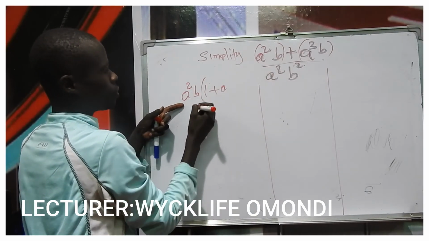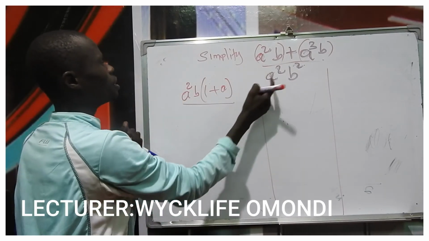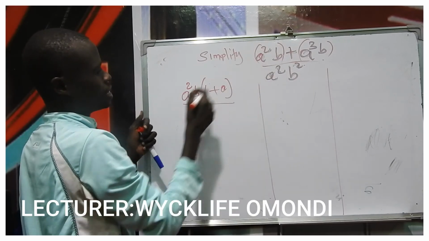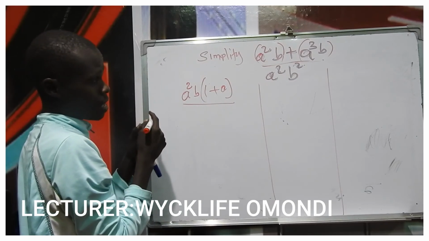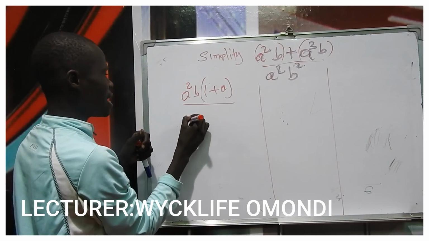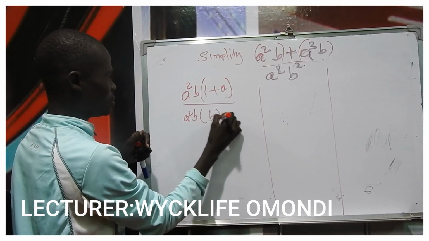When we come to the denominator, we'll find that a squared b squared is also common everywhere. But what are we going to do? When we factor a squared b, here we'll have b alone.